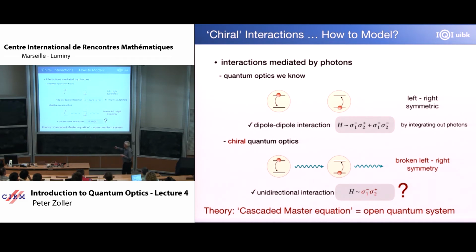And this master equation is actually called the cascaded master equation. It was derived in quantum optics about 20 years ago in papers by Crispin Gardiner and also Howard Carmichael and so on. And I can give you afterwards a derivation behind it. I would just like to show you this equation.